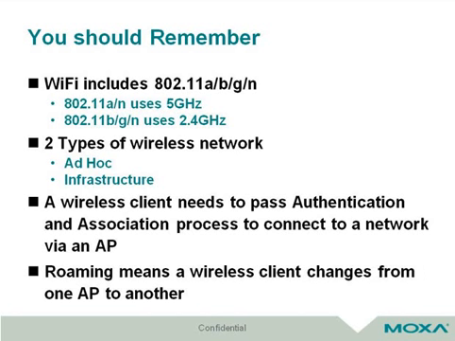The second thing is there are two types of wireless network, ad hoc and infrastructure. And the third thing is a wireless client needs to pass the authentication and association process to connect to a network via an AP. The last thing is roaming. It means a wireless client changes from one AP to another.